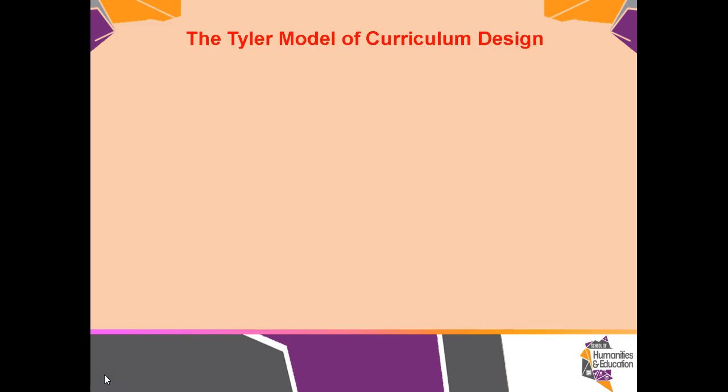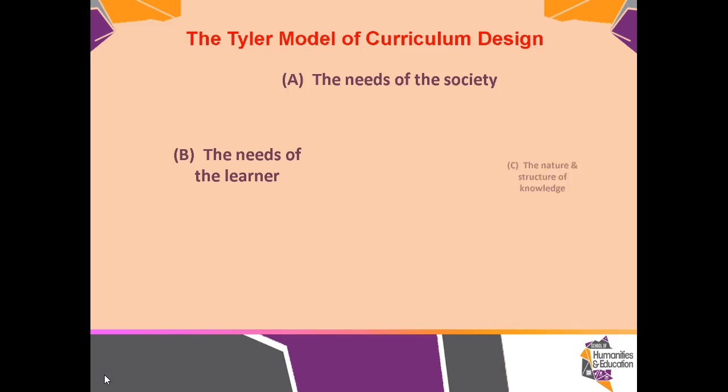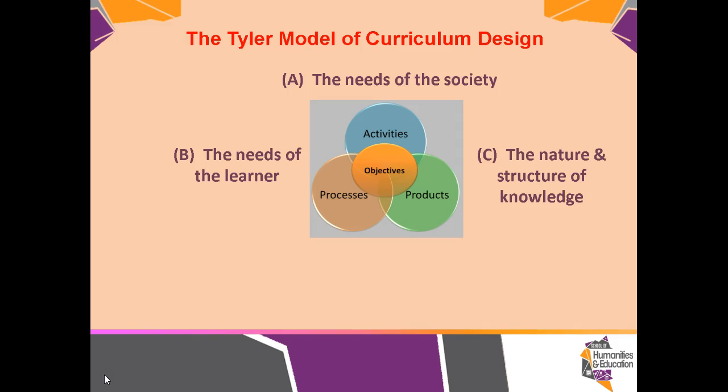As we look at his model of curriculum design, we see that you start with the needs of society, the needs of the learner, and the nature and structure of knowledge. And so we see the coming together of activities, processes, and products leading out with the objectives.